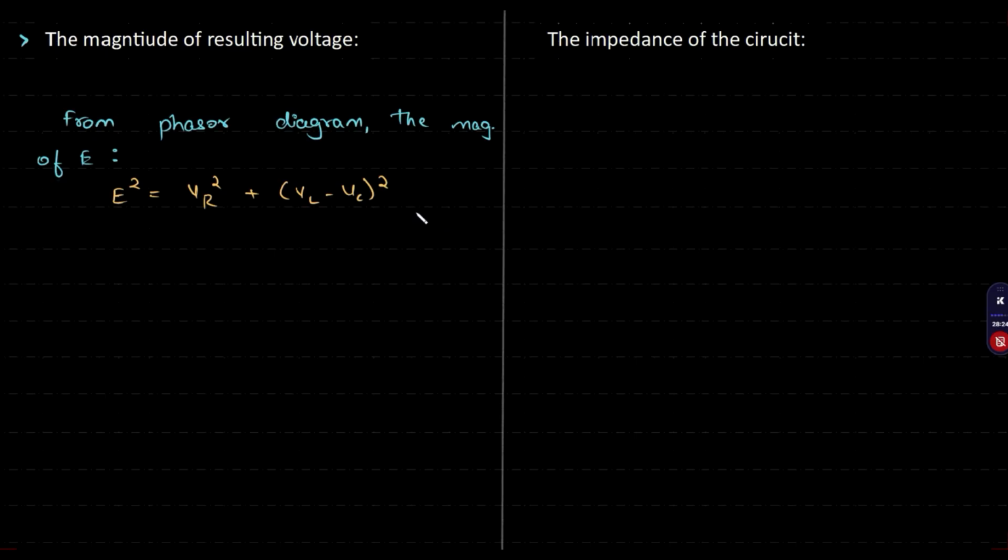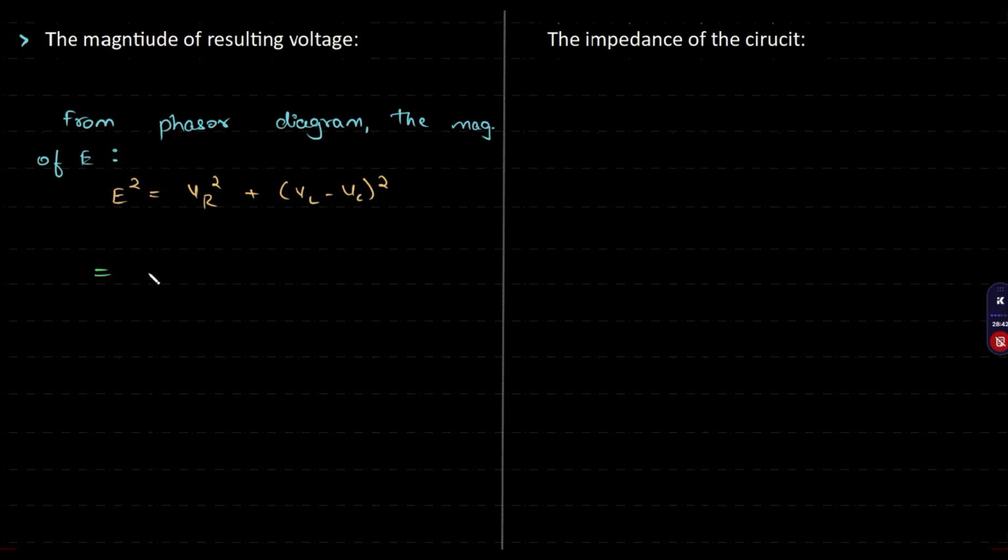Simple Pythagorean theorem. Since it's a right angle triangle, if not, you have the 2AB cos theta and all of that. Theta in this case is 90 degree. I hope you guys know all of the vector aspect properly. If not, it's not going to be easy.